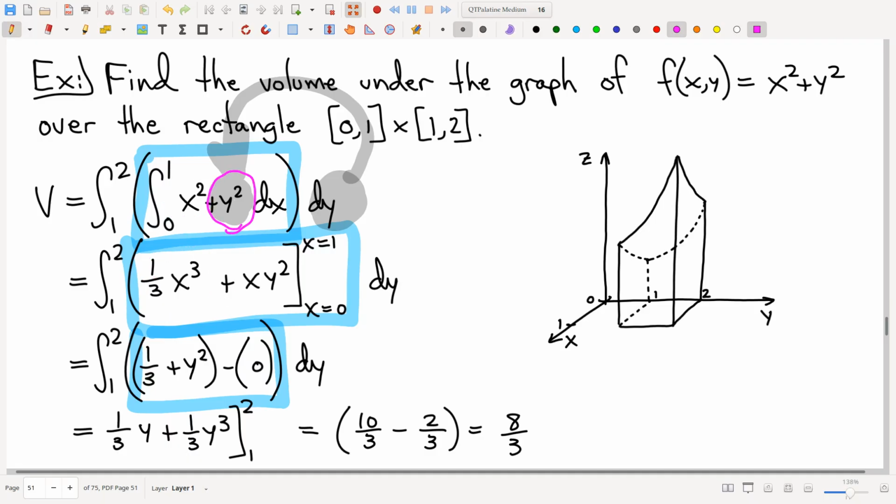accidentally, carelessly, sometimes students will write here 1/3 y cubed. And that doesn't make any sense. That's absolutely wrong. It portrays a fundamental misunderstanding of what these things actually mean, right? So it's an easy little whoopsie to make, but it has big consequences.